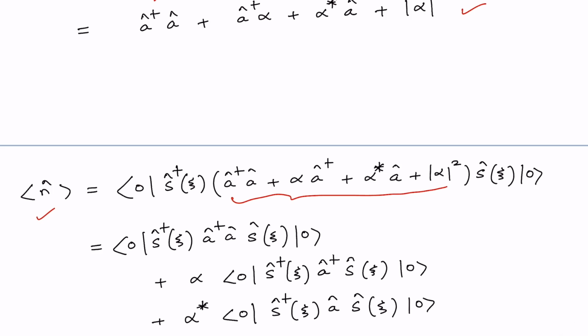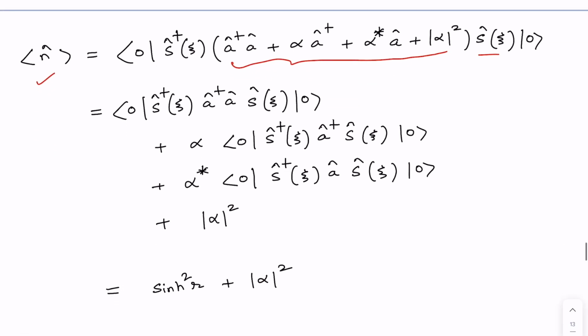And then we have everything in terms of S dagger and S operators here, and we are going to get 4 terms. And already we have worked out various terms in the previous problem, and we can straight away utilize all these results that we worked out in the last problem. And the last term, as you can see, S dagger S, is going to give you simply mod alpha squared.